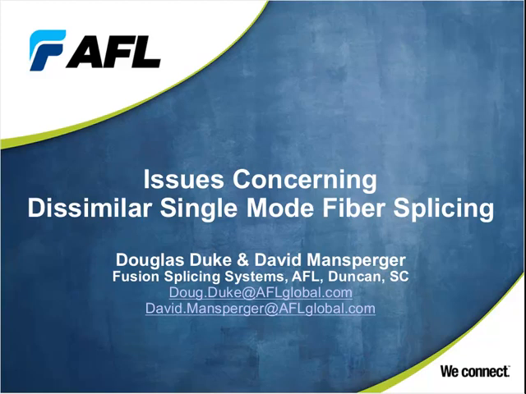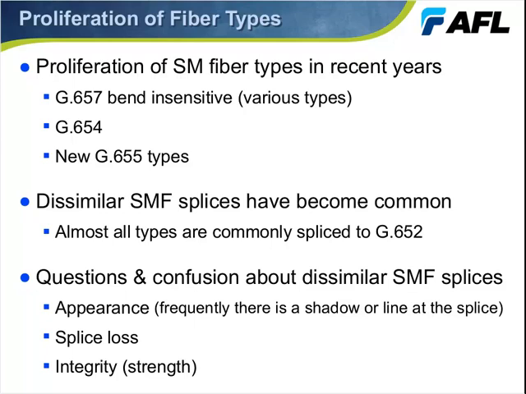So if we look a little bit at the history of single-mode fiber splicing, if we go back to when I joined this industry, which was about 26 years ago, most single-mode fiber splicing was simple SMF-28 or similar fibers, G.652 fibers spliced to themselves.